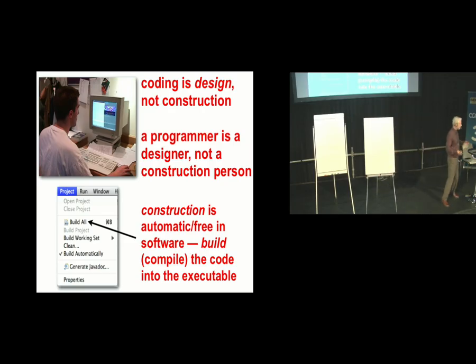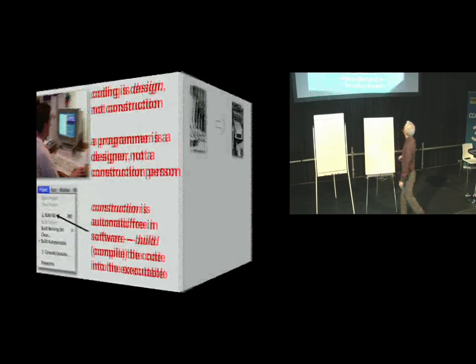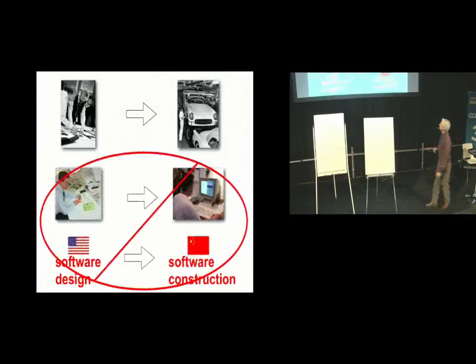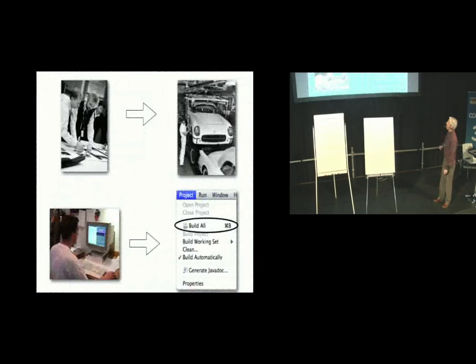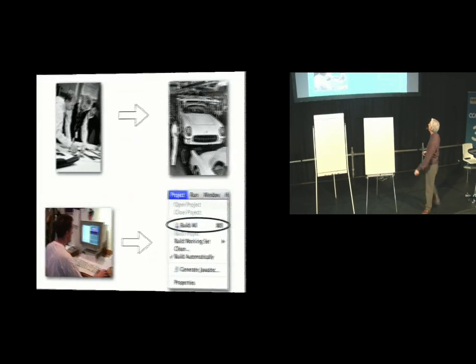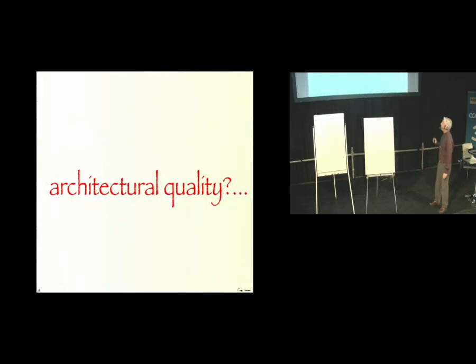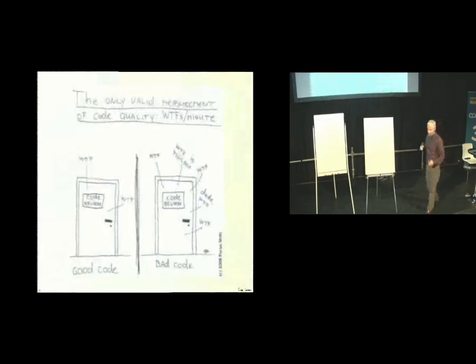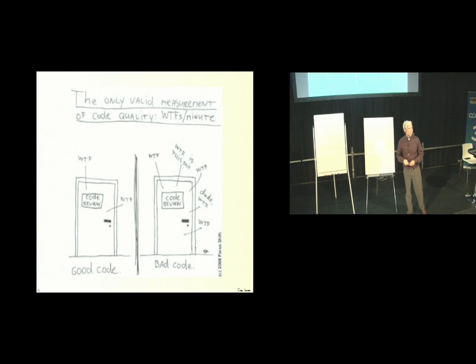Now, why did I spend 2 minutes emphasizing this point? Because it leads, therefore, to a critical point, which is that software coding is the real design activity, and therefore we need to code the architecture.